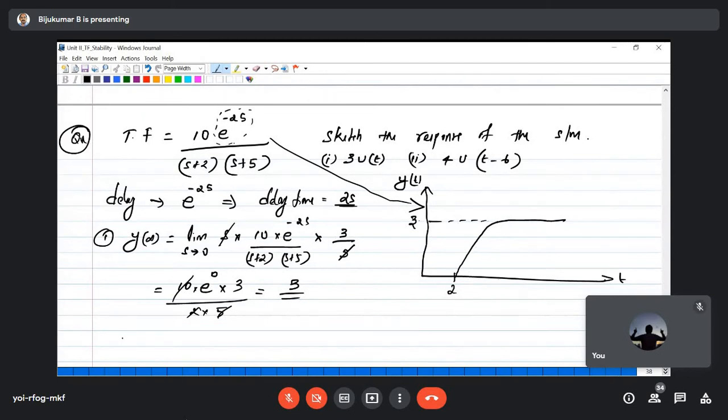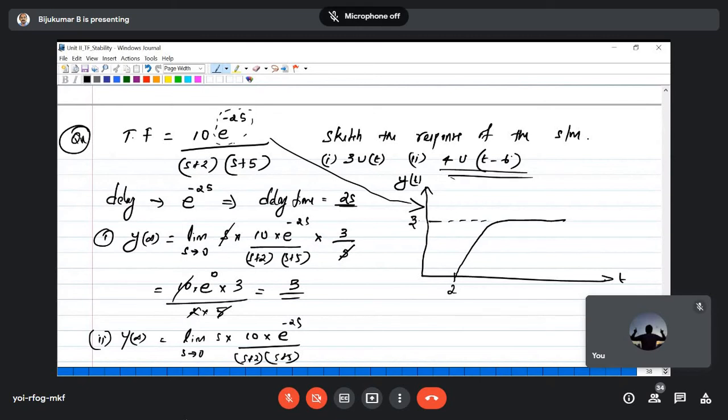So how will you draw for the second case? Again, you want to find the steady state value. So it will become limit s tends to 0, s multiplied by the plant model, which is 10 e power minus 2s divided by (s plus 2)(s plus 5). What is the Laplace transform of 4 u of t minus 6?